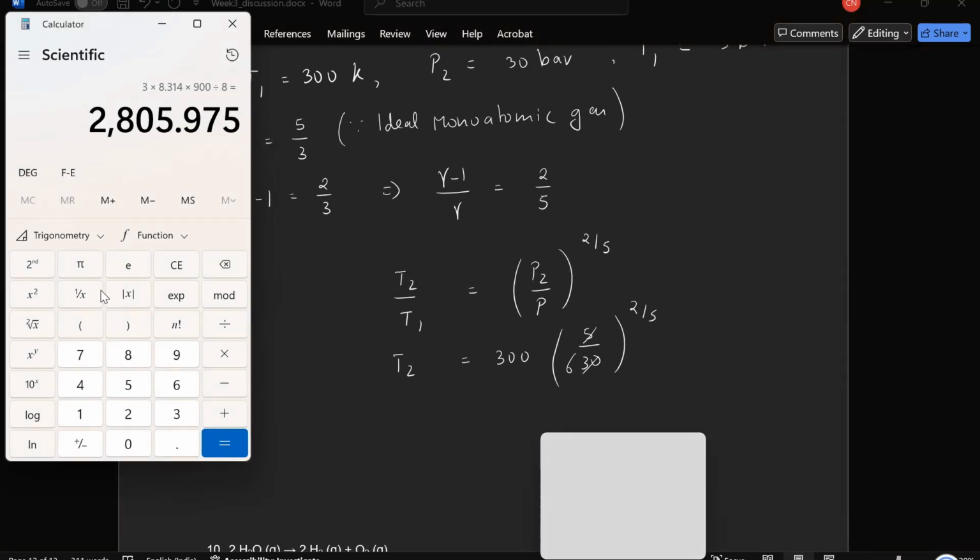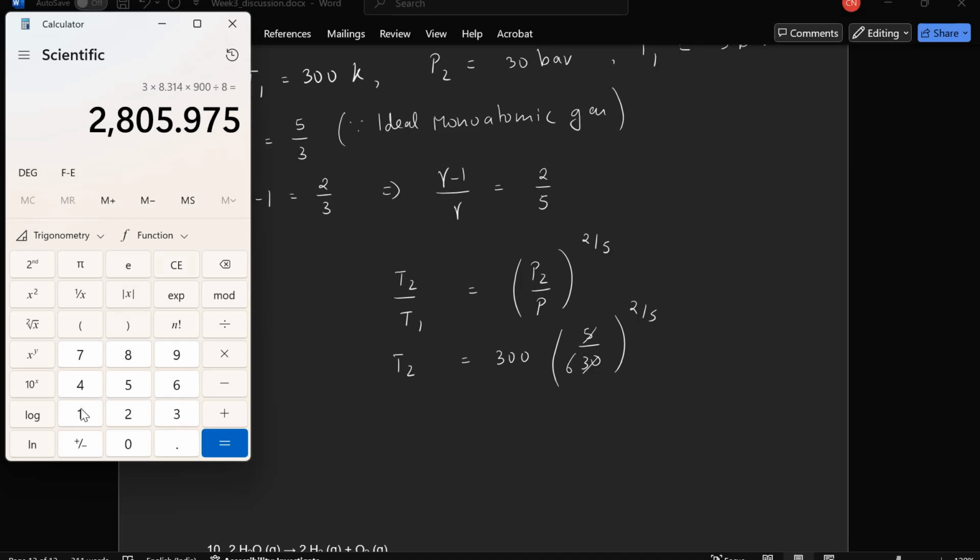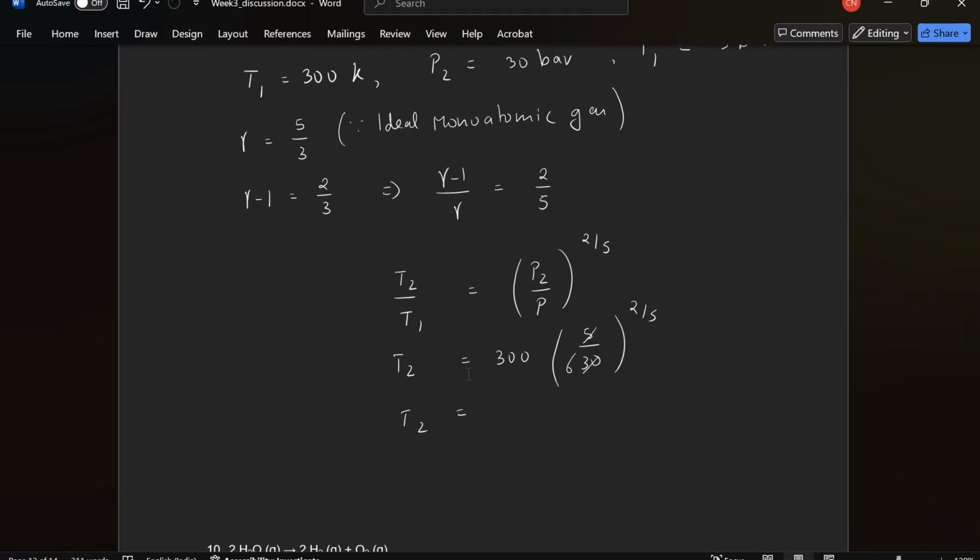Take the calculator. 1 divided by 6 raised to the power 2 by 5, which is 0.4, into 300. So basically we have T2 equal to 146.5.